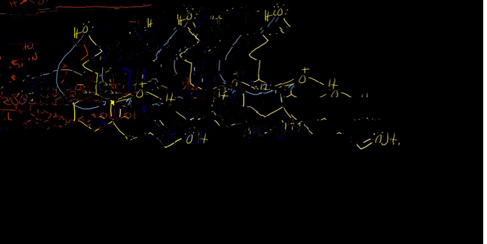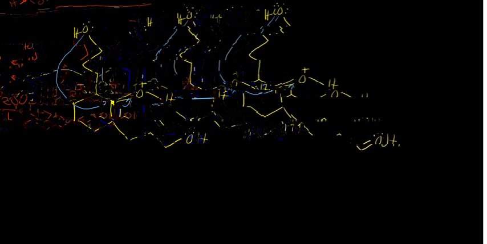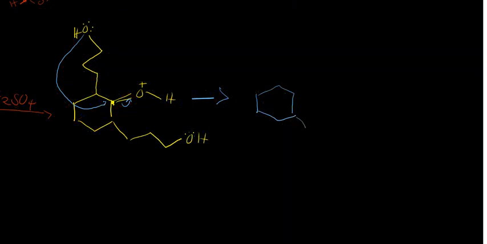Now this is a ring with 3 carbons: 1, 2, 3.